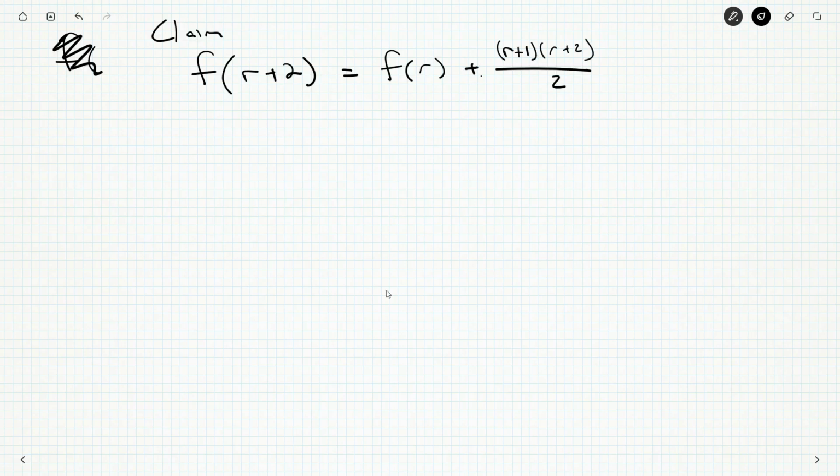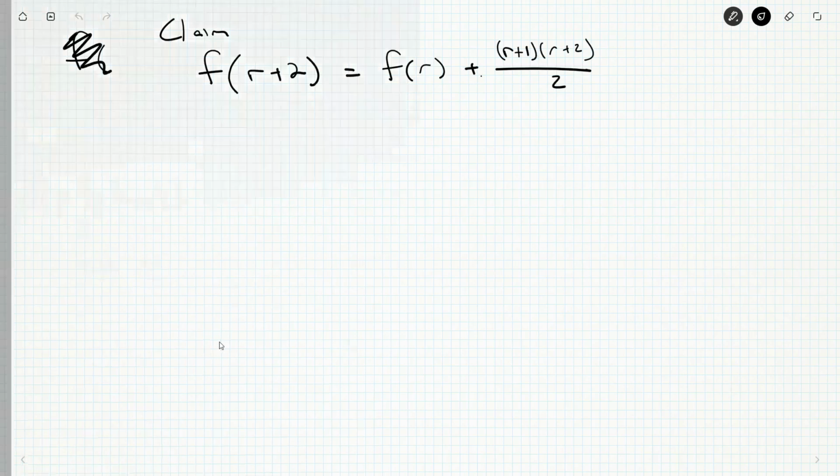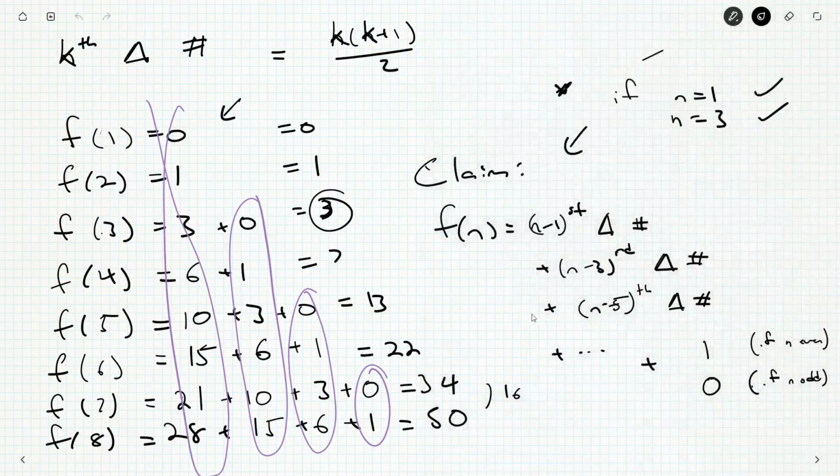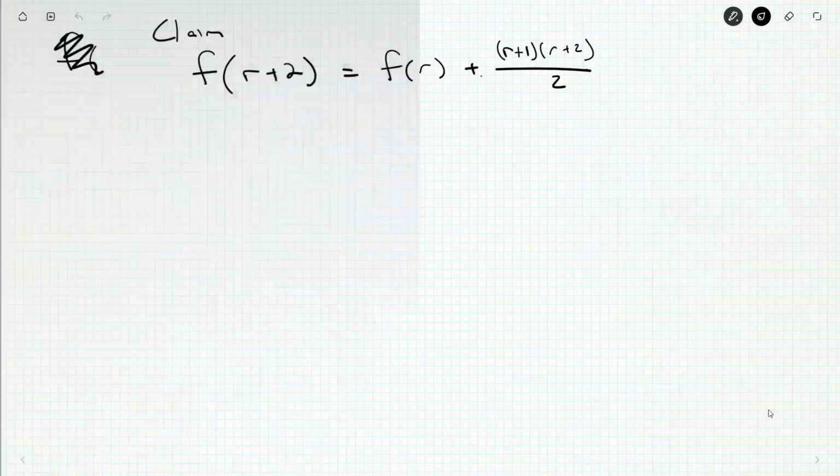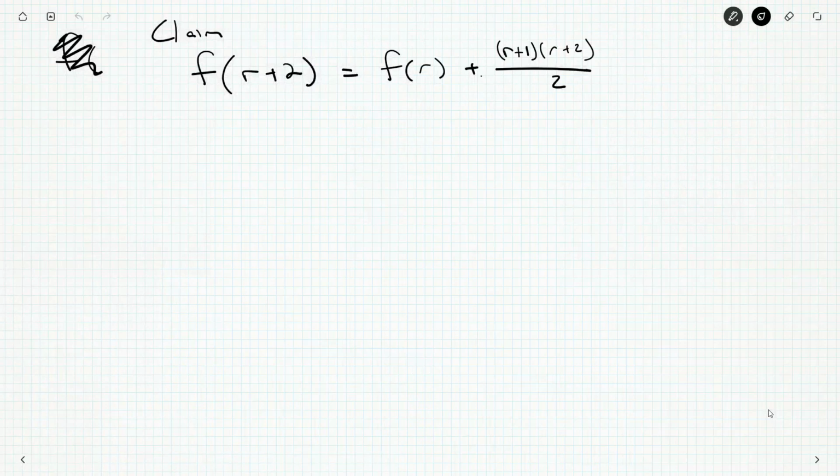Okay, so that's not so bad to show, because f of 5 is just 10, which is the fourth triangular number, plus f of 3. So not weird, but again, how would this help me?